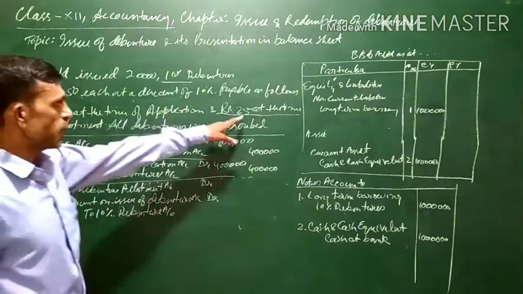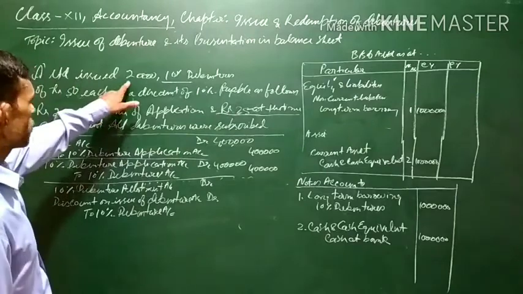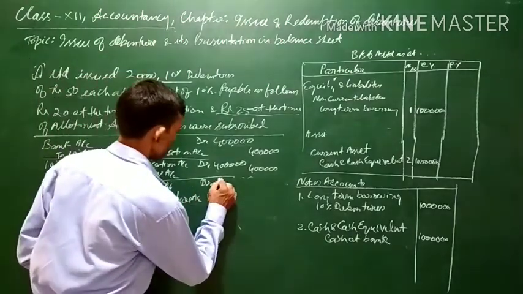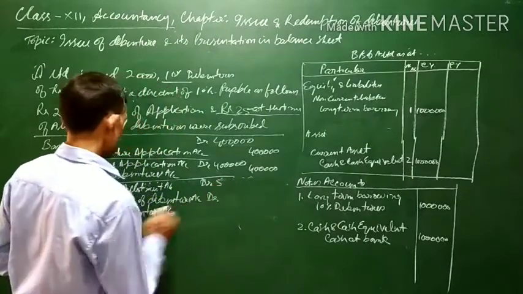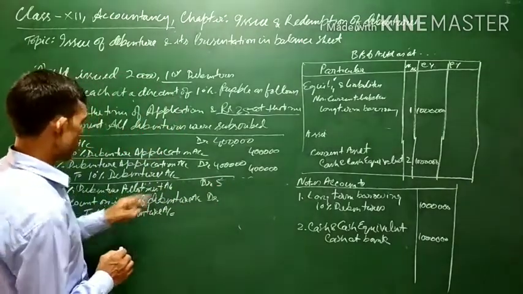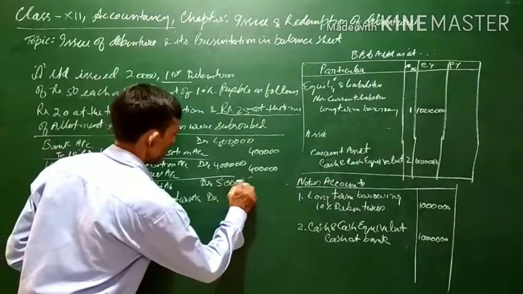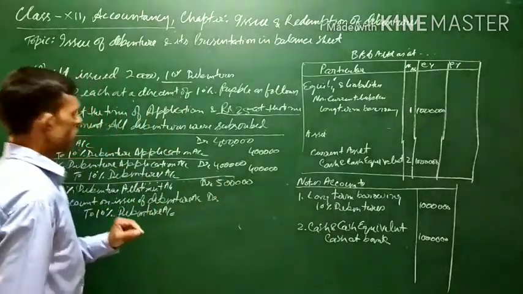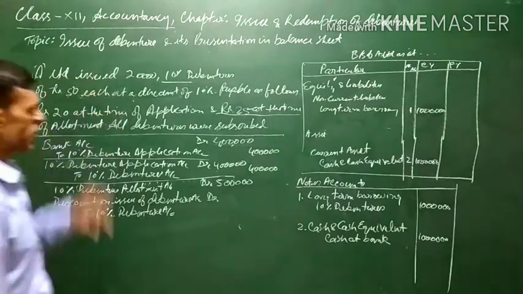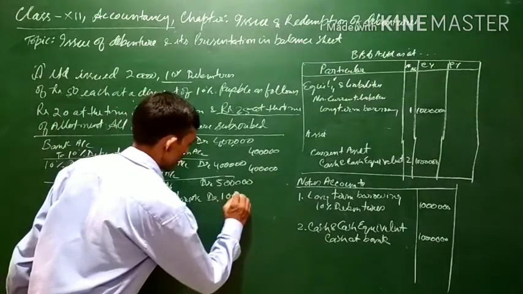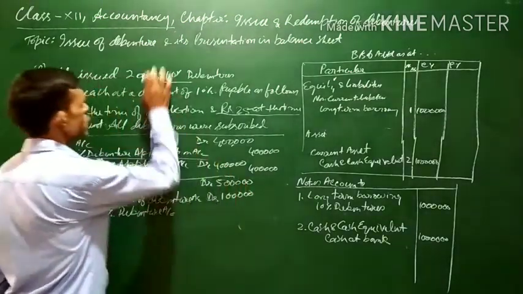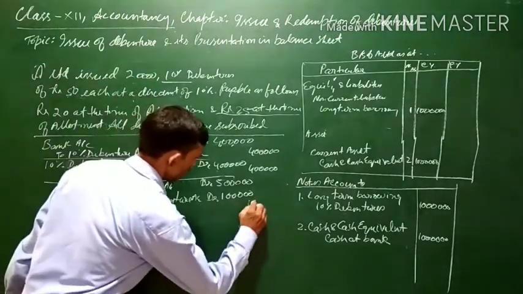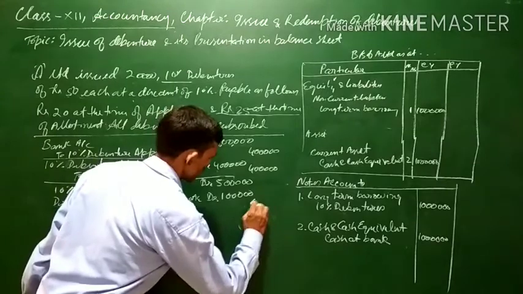Since 25 rupees will be received at the time of allotment, 25 into 20,000 will come to rupees 5 lakh. So 10% debenture allotment account debit 5 lakh. Discount is 5 rupees per debenture, so 5 rupees into 20,000 will come to 1 lakh. To 10% debenture account 6 lakh.